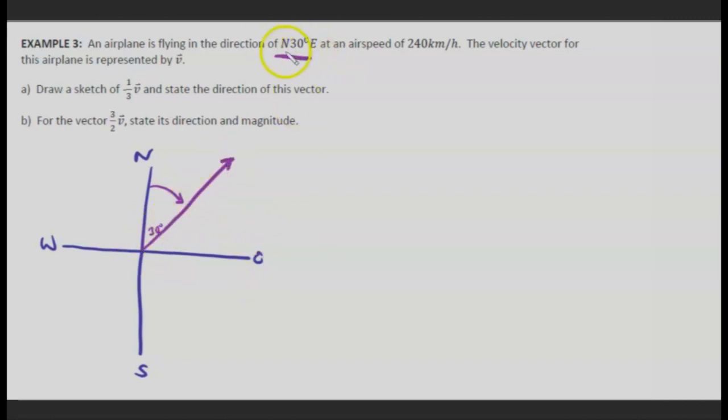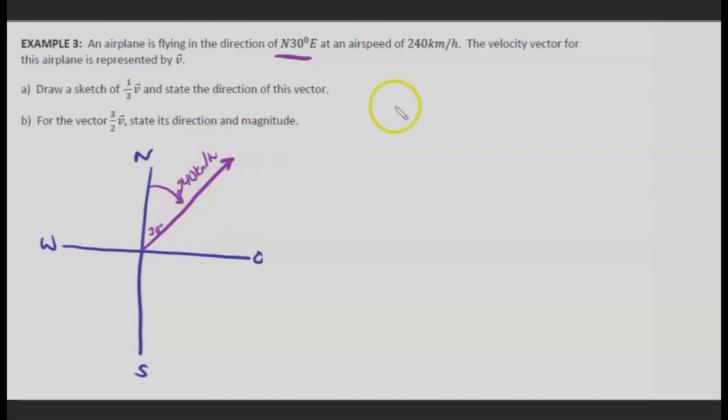Okay, so exactly how you read it, that's how you draw it. You start north, then you go 30 degrees toward the east, draw your vector. Okay, so let's continue. At an airspeed of 240 kilometers per hour.